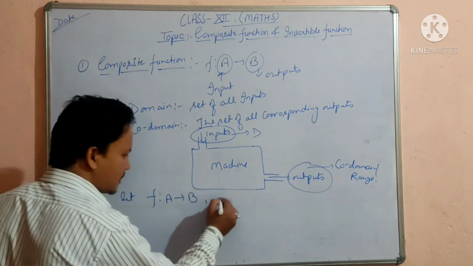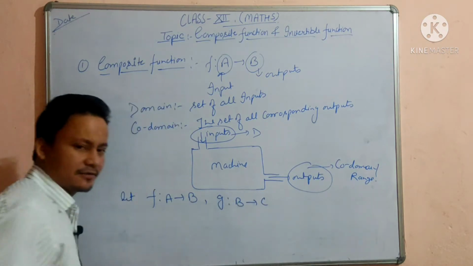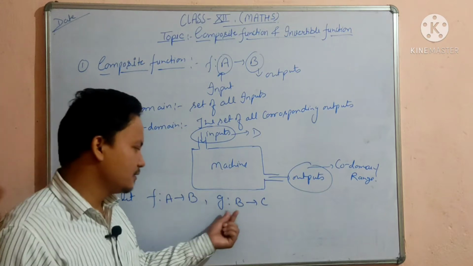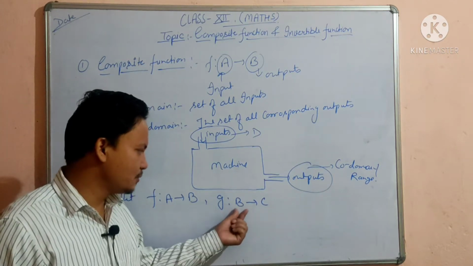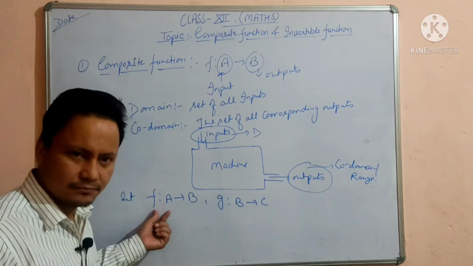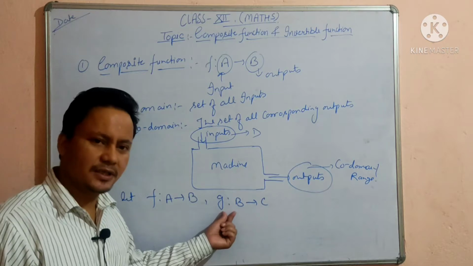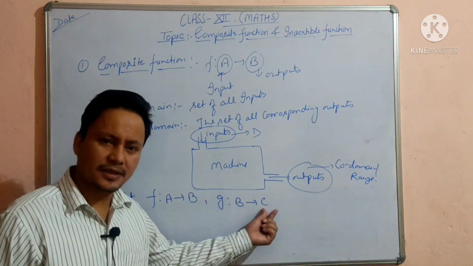Let there be another function g from B to C. For g, B is the domain and C is the codomain.